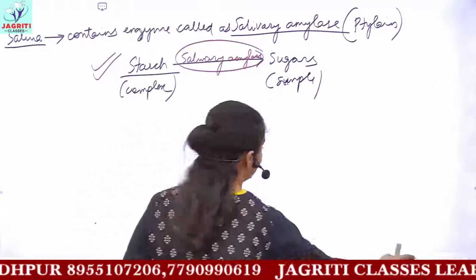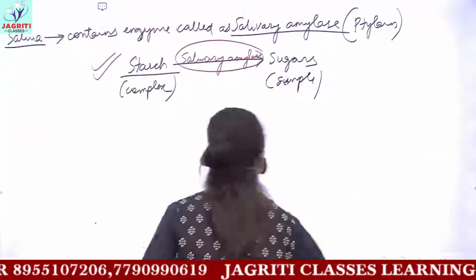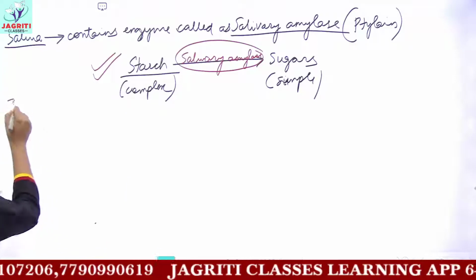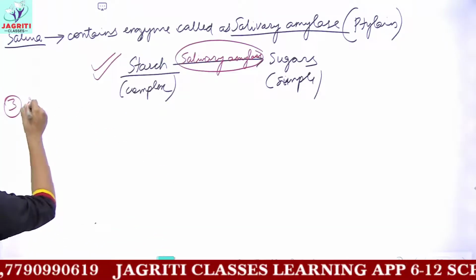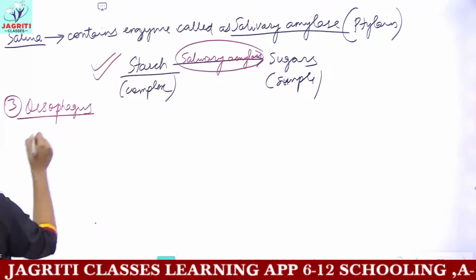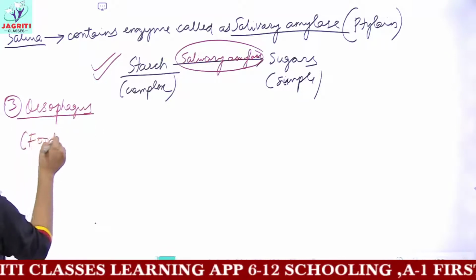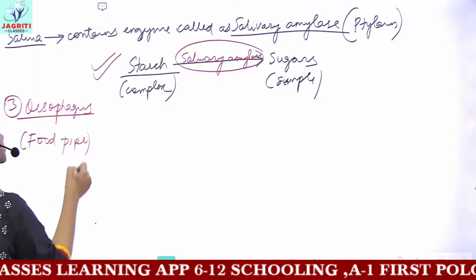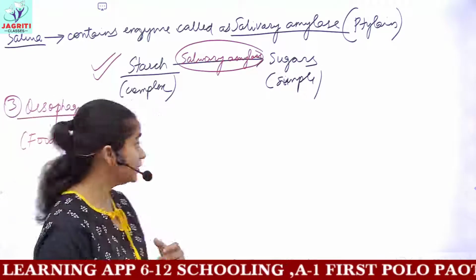Now the third part would be your esophagus. This esophagus is also known as the food pipe. It is a long elongated structure.